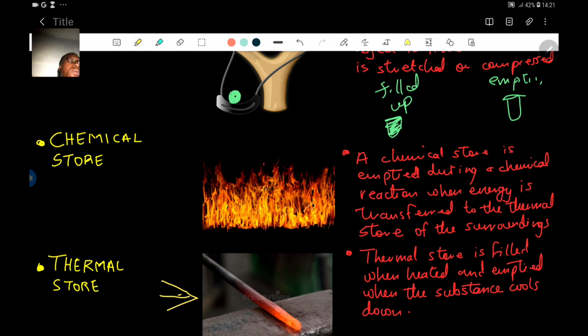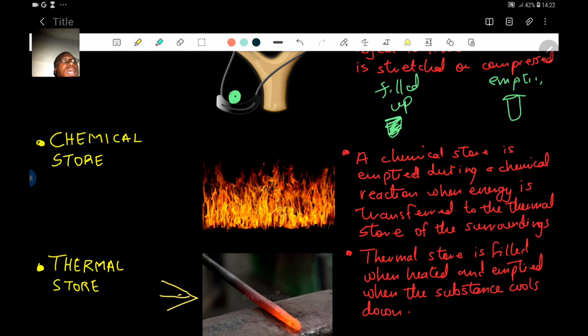Fuels in general are flammable. Those materials, gasoline or methane, natural gas, or all types of fuels, have a chemical energy store in them. Once they get used up by burning, the chemical energy store empties.